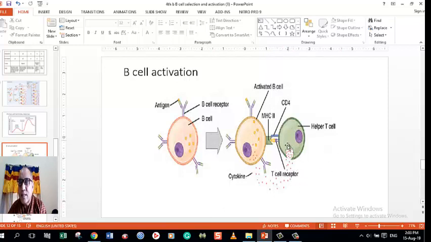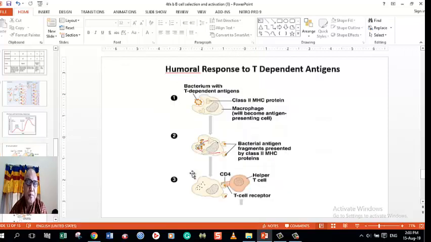So this is the activation where you are going to see that the cytokines being produced get activated. Even the B cells get activated, and the other T cells get activated, which will destroy these infected cells later.